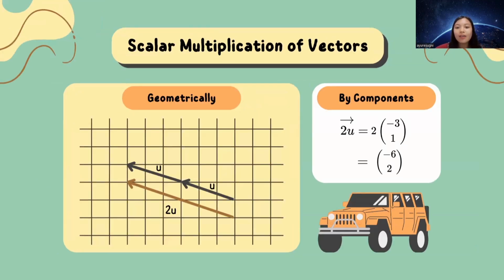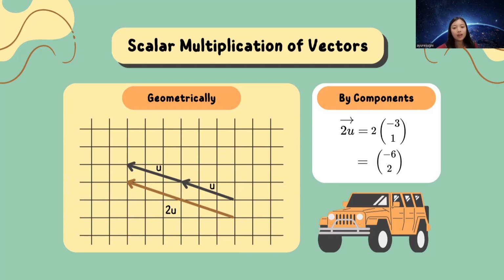Next is scalar multiplication. A scalar is just a number. When a vector is multiplied by a scalar, the magnitude changes. If the scalar is greater than 1, the vector becomes longer. If the scalar is between 0 and 1, the vector becomes shorter.